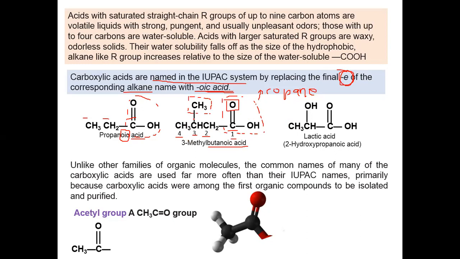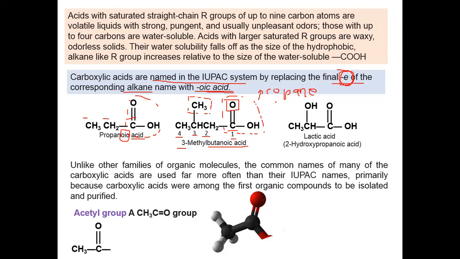The substitution comes on the 3rd carbon, according to this numbering 1, 2, 3, 4. So because of that, this is 3-methyl butanoic acid. Doctor, we just add OIC? Yes, instead of E, you change E to OIC.